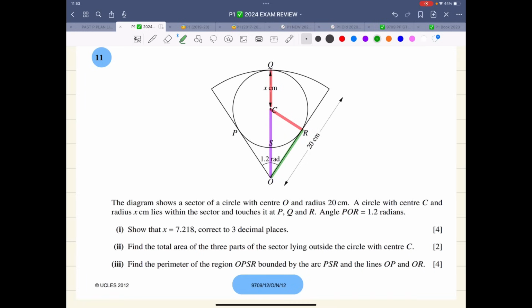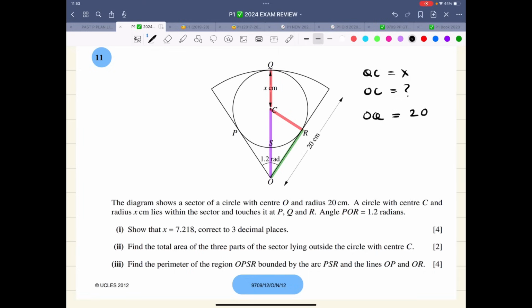Now, what do we have? First of all, what I can see is that OQ is 20, OC is unknown.